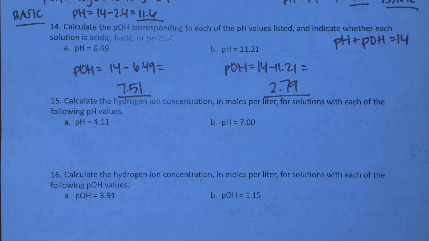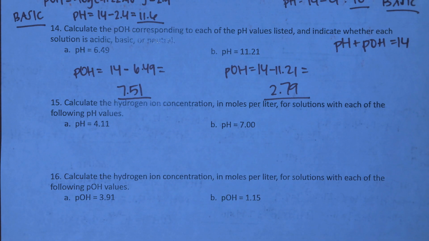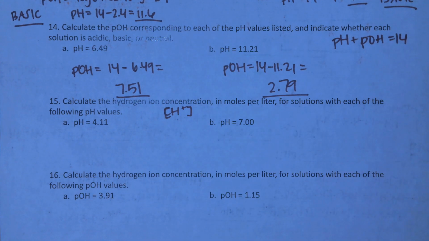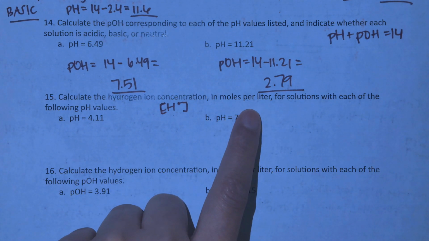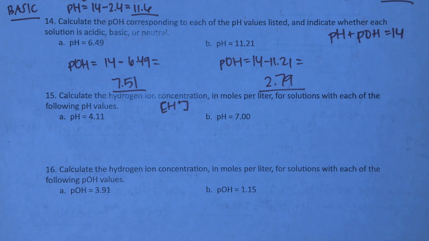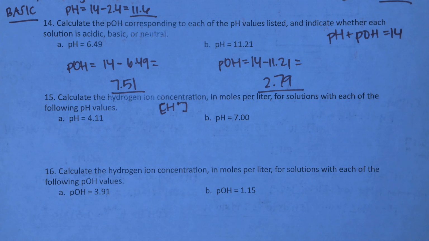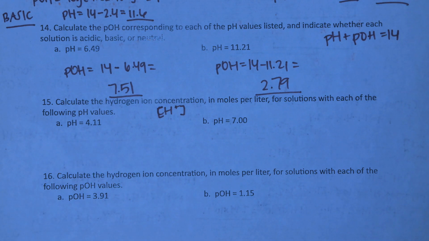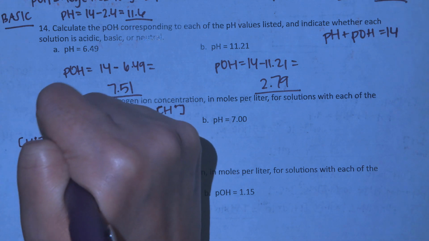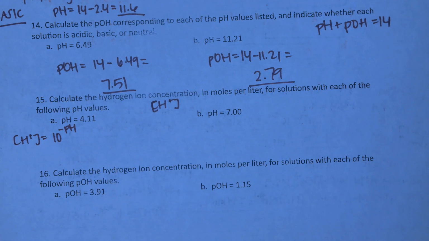Alright. Next part. Calculate the hydrogen ion concentration. So that just means your H, in moles per liter, that just means molarity because that's literally the equation of the big M, with each of the following pH values. So you have your pH. What is your formula for your H concentration? 10 to the negative pH.